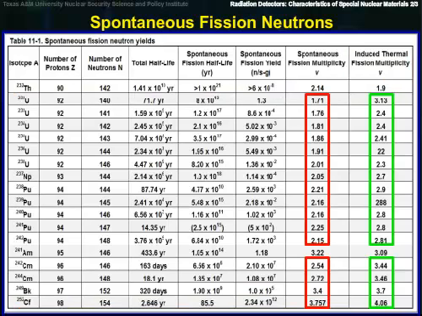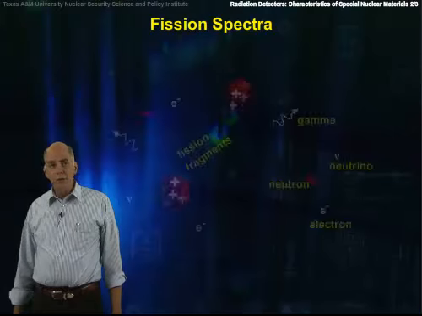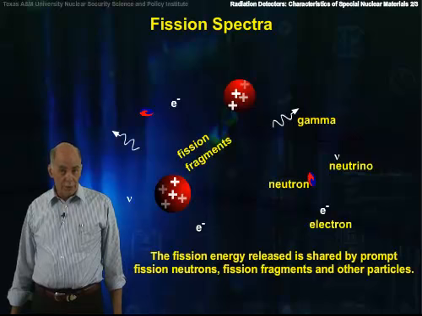As you can see, the neutron multiplicity is generally less for spontaneous fission compared to induced fission, the exceptions being thorium-232 and americium-241. These fission neutrons are produced in a spectrum of energies.